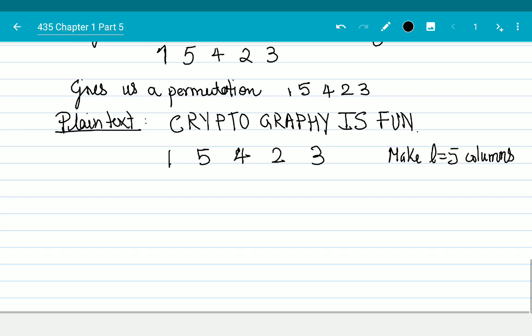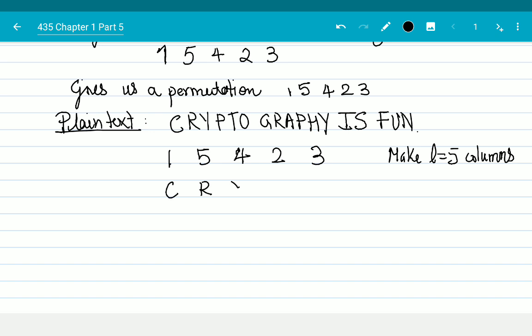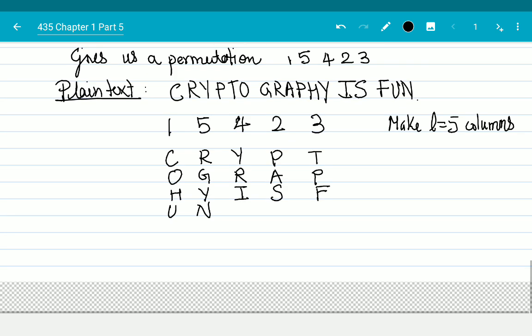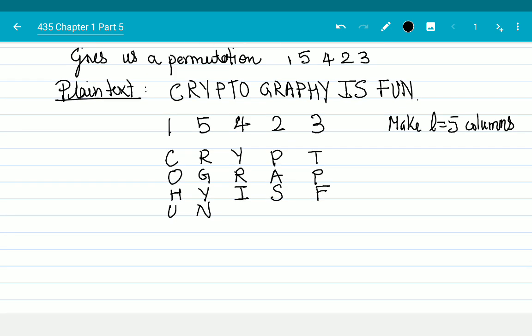Then you start writing the message until it forms a rectangle. CRYPTOGRAPHY is fun. Great. What now? Now you fill up the rest with garbage.